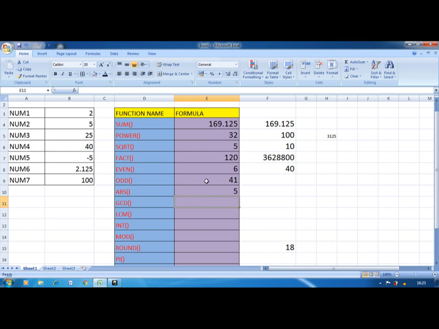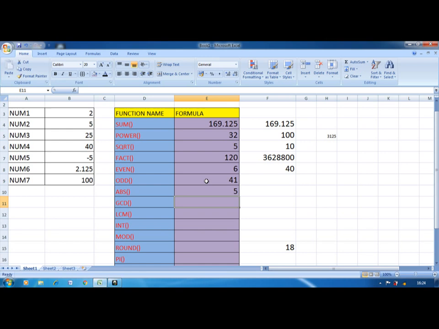Next one is GCD. This function is used to find the greatest common divisor. I think all of you know GCD and LCM. GCD is nothing but the greatest common divisor, and LCM is the least common multiple. We can find the GCD of more than one number.